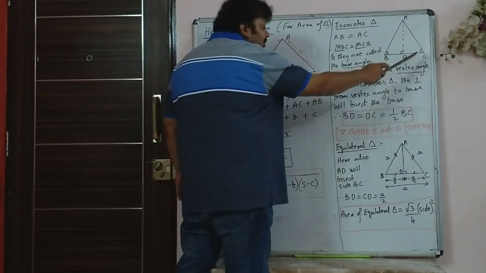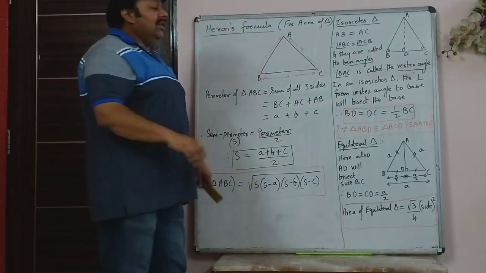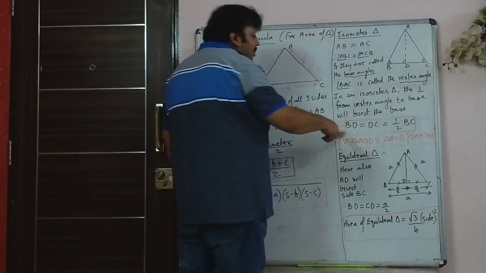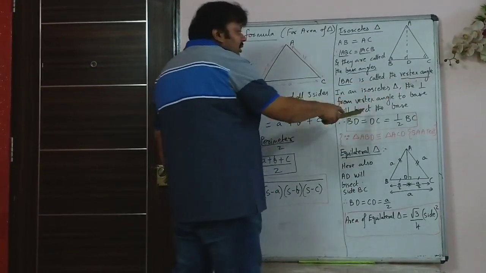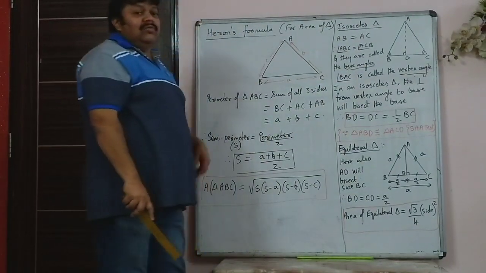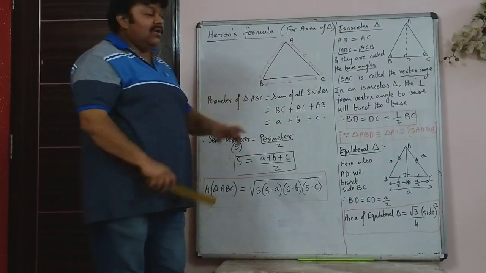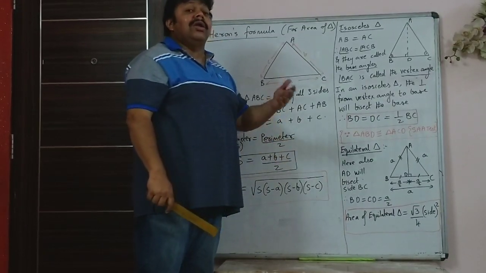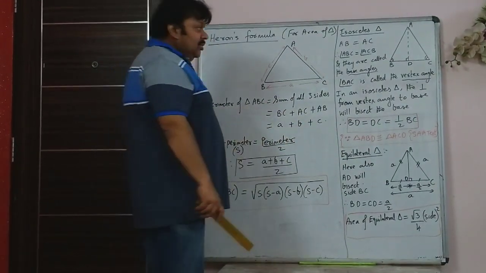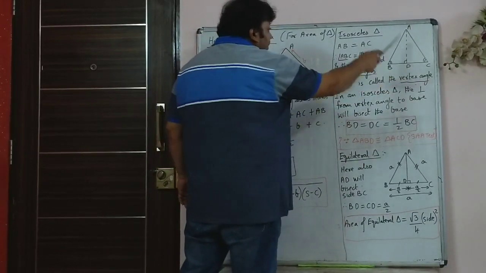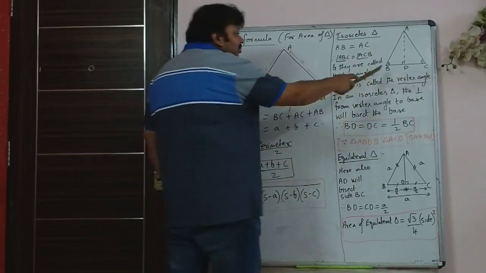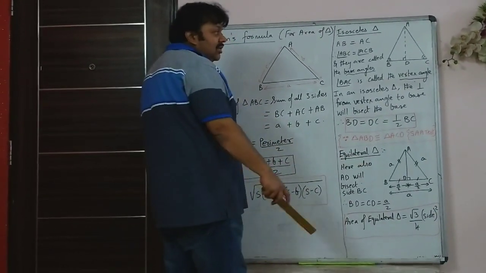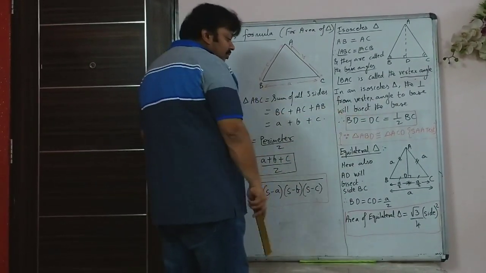So BD will be equal to DC, and that will be half of BC. You have to remember this property, because it can be directly used in sums. If you know the base, then each part is half the base, that is BD equals DC equals BC upon 2.